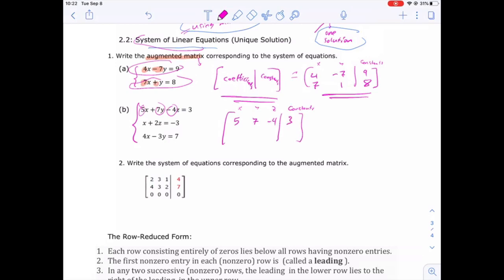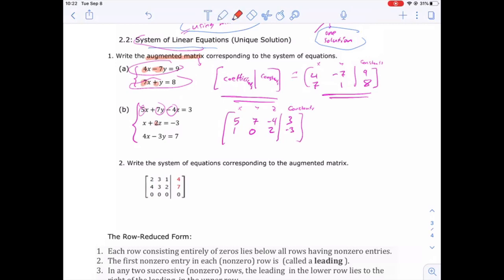And in the second equation, the coefficient of x is 1. We don't have y here, so we put 0. Then the coefficient of z is 2, and the constant is -3.